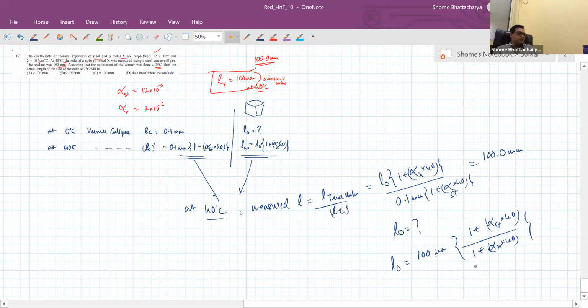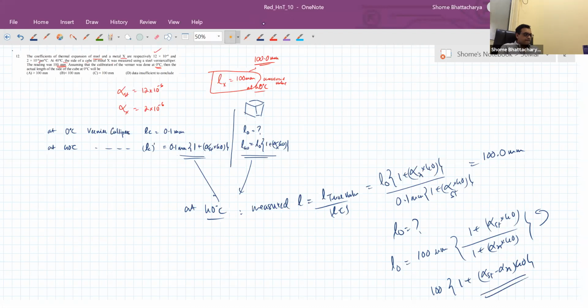So now just bring this to the numerator and fix it. So it will become 100 into 1 plus alpha of steel minus alpha of x into 40. Okay, so just calculate this value, you will get the answer. Is it clear, Nikita? Yes, sir. Okay. So now just put these values here and calculate it. You get the answer in millimeters. That is the true length at 0 degrees.